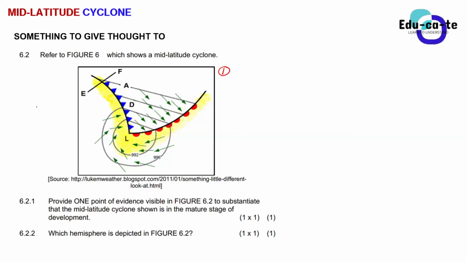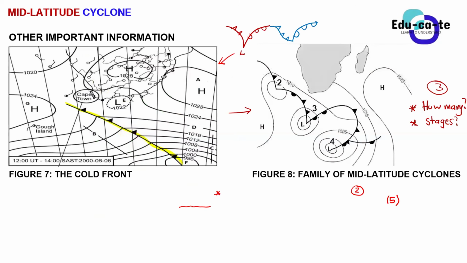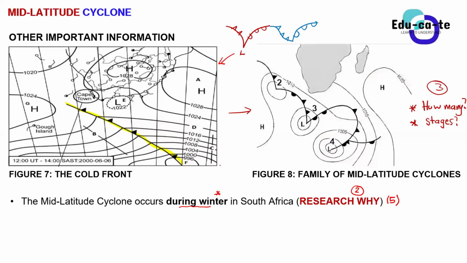Okay, so I will summarize the homeworks that we have. Homework number 1, you do this activity, figure 6. Homework number 2, you're going to research why the mid-latitude cyclone affects South Africa in winter.